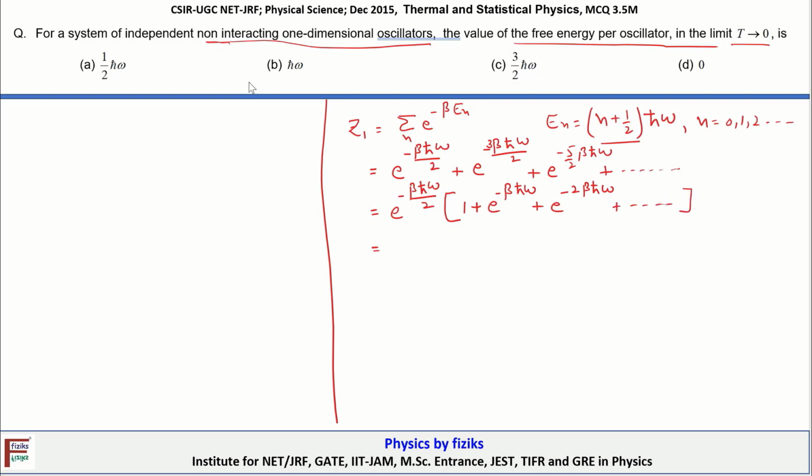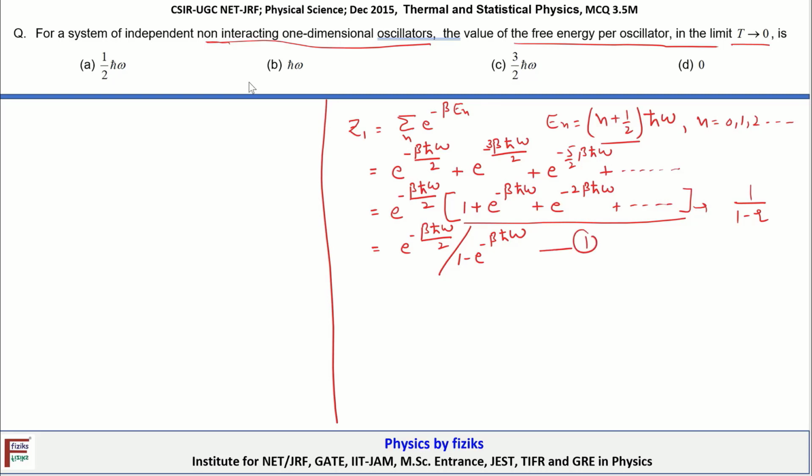And this is an infinite series. This is equal to exponential minus beta h cut omega by 2 divided by the sum of this series, which will be a upon 1 minus r, where the common ratio is exponential minus beta h cut omega, so divided by 1 minus exponential minus beta h cut omega. Let's call this our result 1.